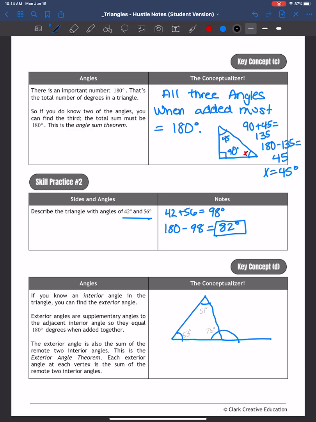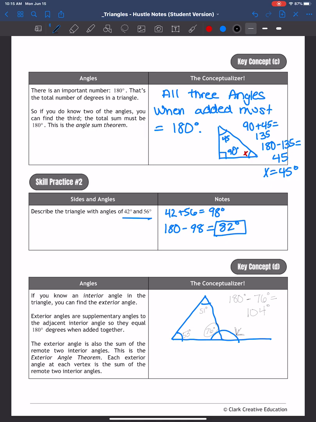So we have 104 and 76 equals 180, so we know that is correct. If you do 180 minus this, 76 degrees, you will end up with this answer. So 180 minus 76 is 104. This is 104 degrees. There's your answer.